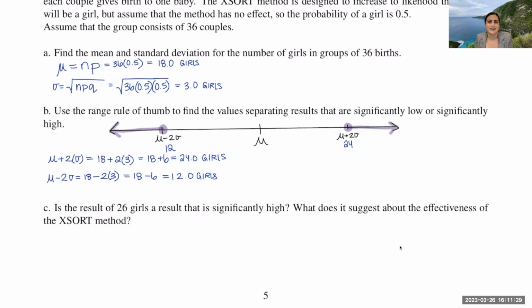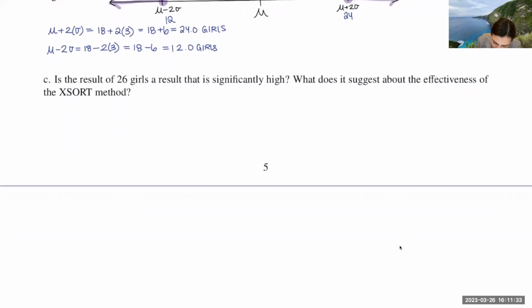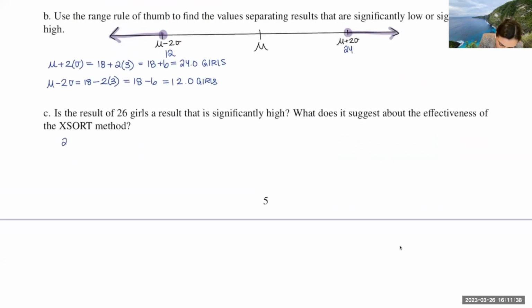Does that make sense? I hope it does. So let me write that down. 26 girls in 36 births would be considered significantly high.